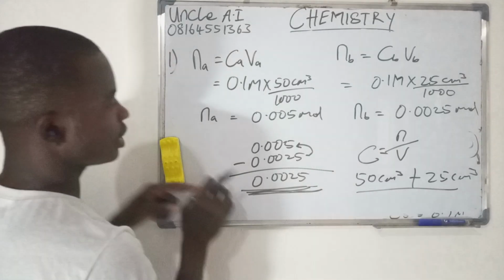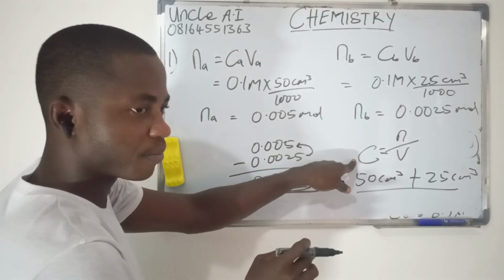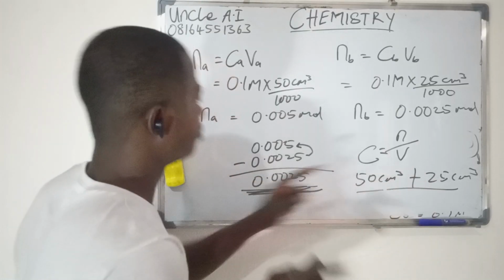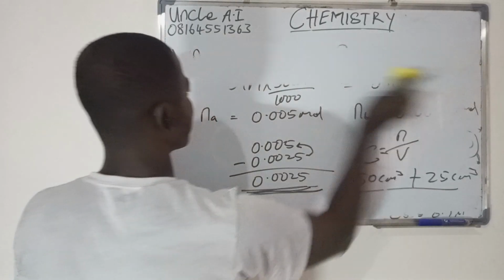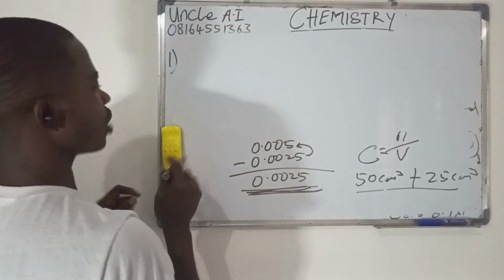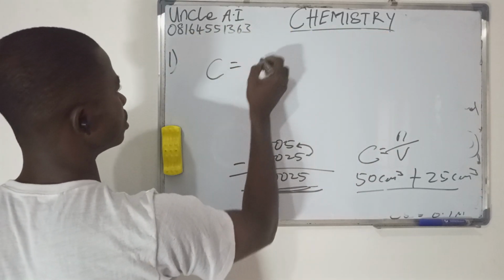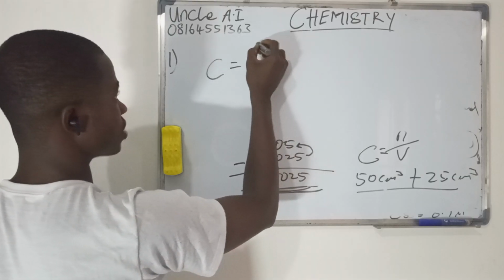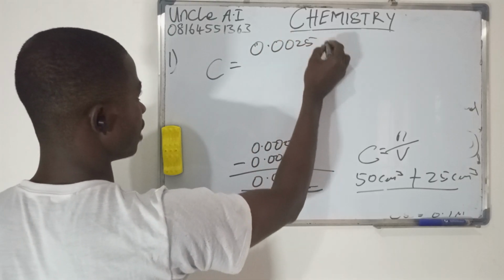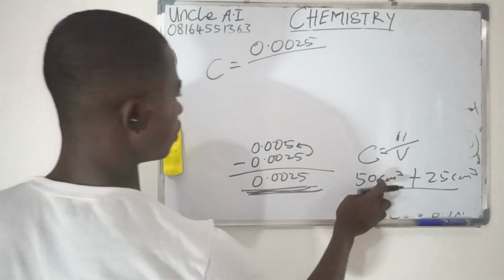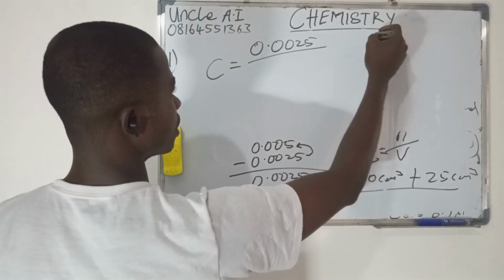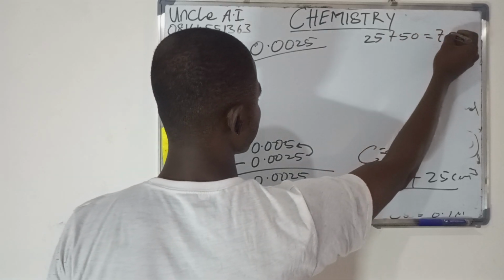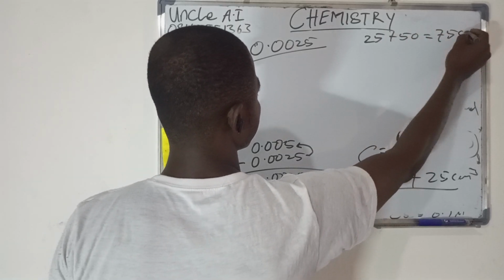So for us to calculate the concentration of that unneutralized acid in this volume, the unneutralized concentration will now be the amount of acid that was not neutralized, 0.0025, all over this volume, which is 25 plus 50, that is 75 cm³.